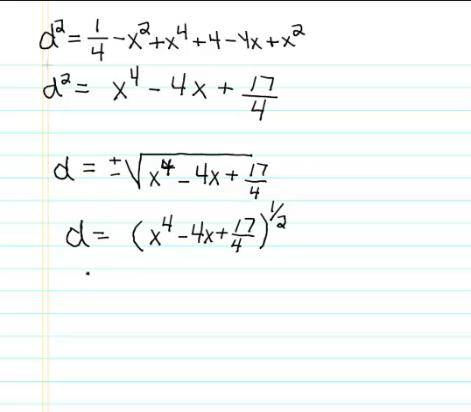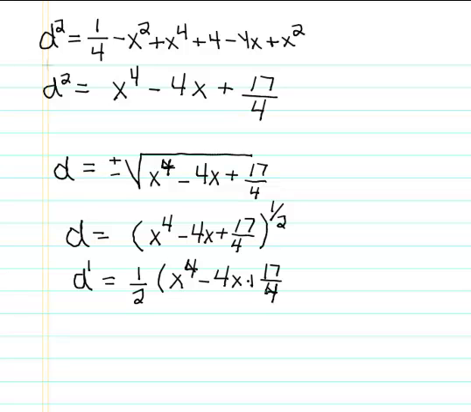That way I can use the chain rule when taking the derivative and get that the derivative of this function is 1/2, bring down the 1/2, multiply by what's in the parentheses, x to the fourth minus 4x plus 17 over 4.